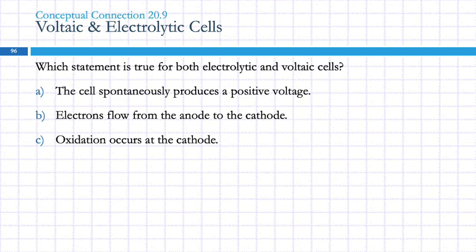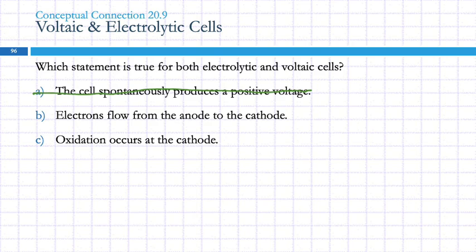They're spontaneous reactions. In an electrolytic cell, the reaction is not spontaneous, and we're forcing it to happen. So an electrolytic cell does not produce a positive voltage. So this one's not correct.